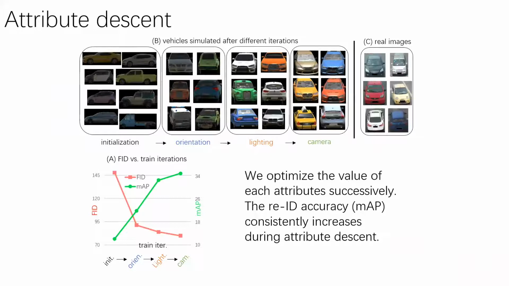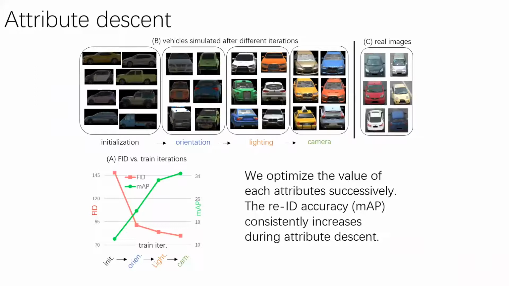From the figure in the left bottom, the re-ID accuracy successively increases and FID consistently drops during the attribute descent. From the slope of the FID curve, we can see the orientation has the largest impact on the distribution difference. Lighting is the second most impactful, and the camera attributes are the third. The top of this slide shows synthetic vehicles in each iteration.